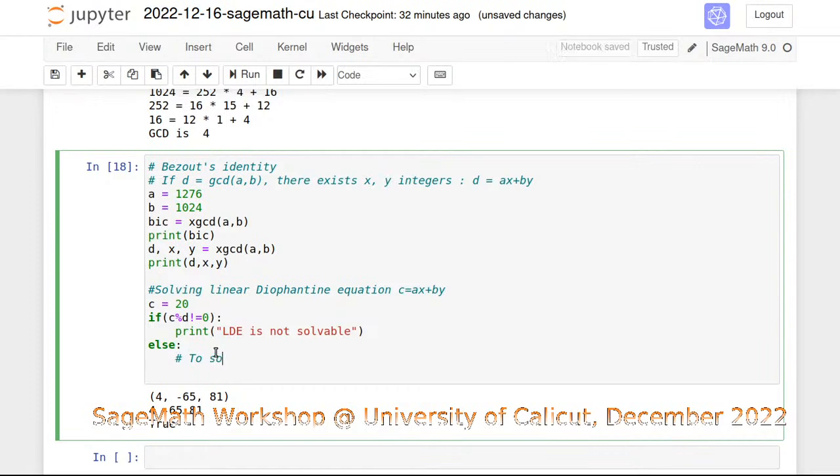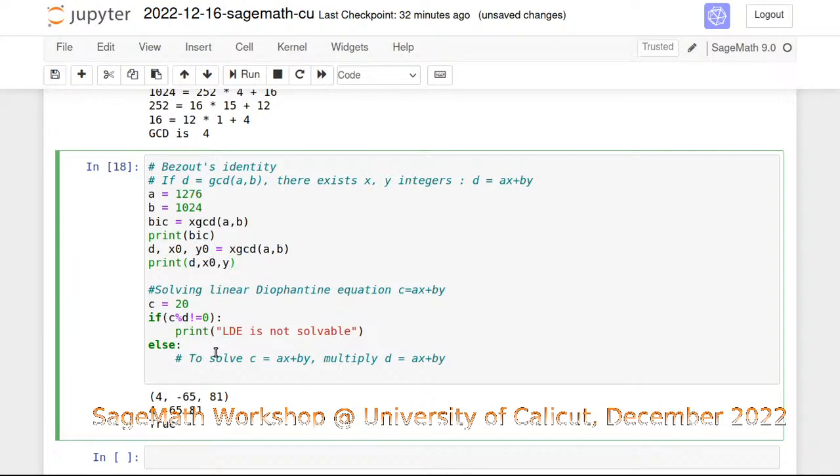To solve C equal to AX plus BY, this is a little bit confusing, therefore I will change the notation to x naught and y naught.